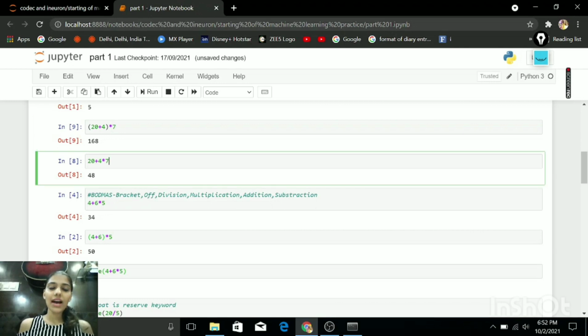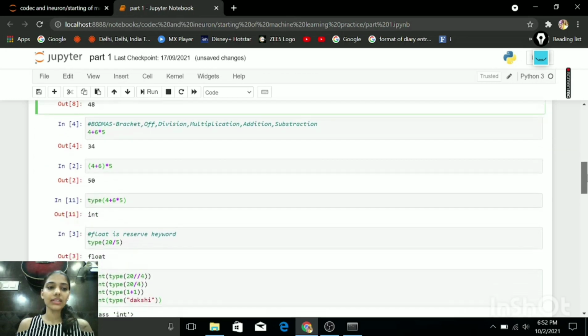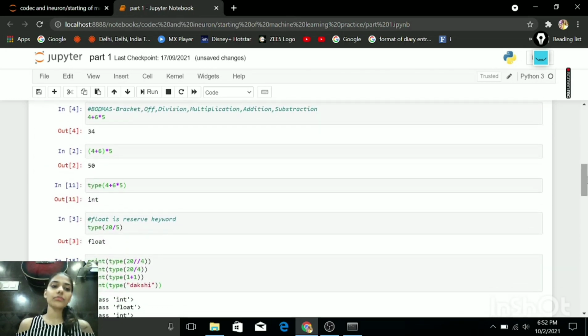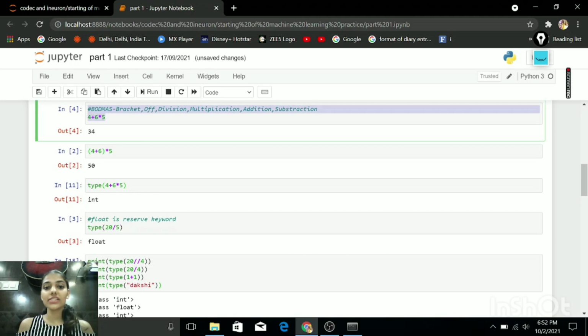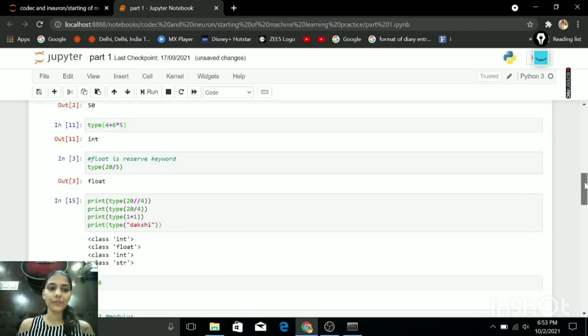But in this part, we first do 4 multiplied by 7, then addition. This is called BODMAS: brackets, of, division, multiplication, addition, subtraction. BODMAS is the short form of this concept.